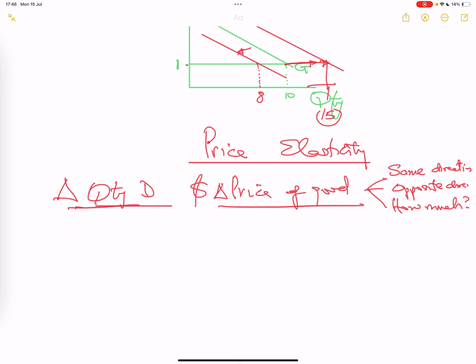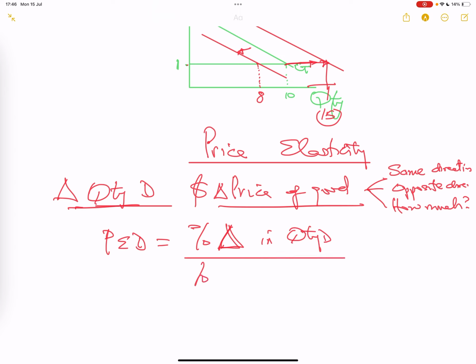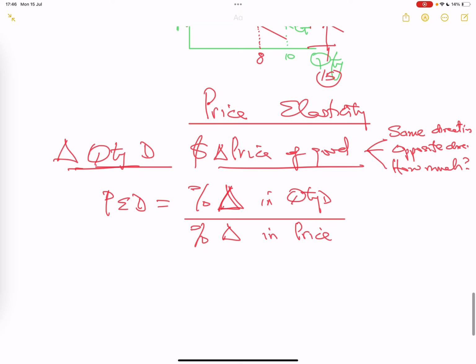And that is why the formula for price elasticity of demand is equal to percentage change, I'm using this symbol for change, so I don't have to write it in full, in quantity demanded divided by percentage change in the price. Yeah, that is price elasticity of demand.